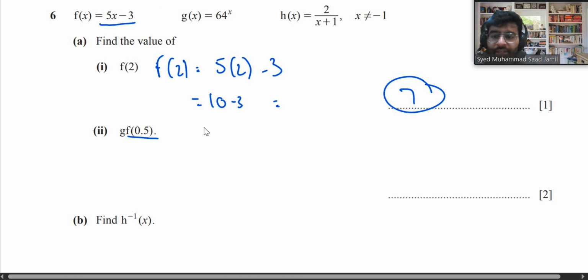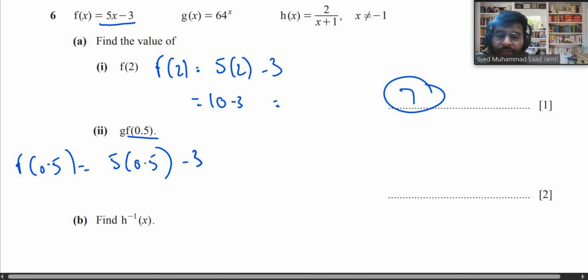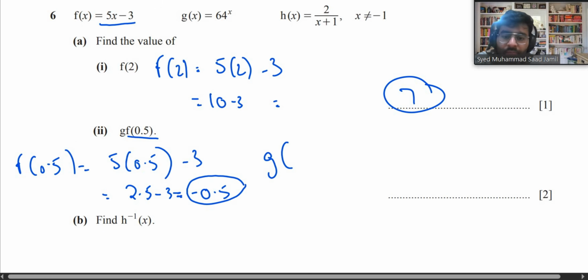So first calculate f of 0.5. f of 0.5 basically means 5 multiplied by 0.5. In place of x, I will write 0.5, minus 3. 5 multiplied by 0.5 is 2.5. 2.5 minus 3 is negative 0.5. Since f of 0.5 is negative 0.5, I will now put g of negative 0.5.